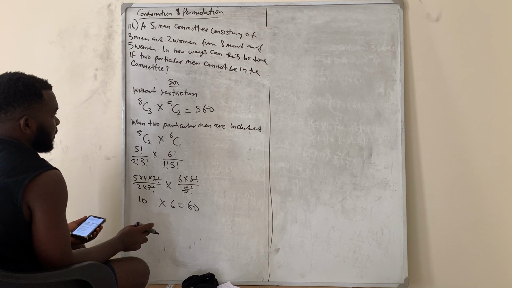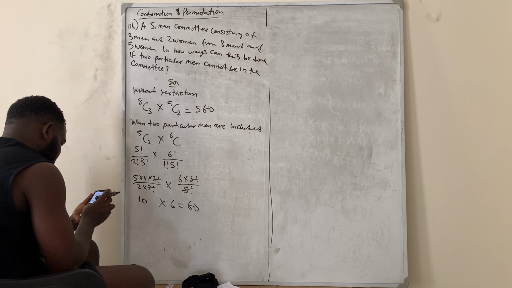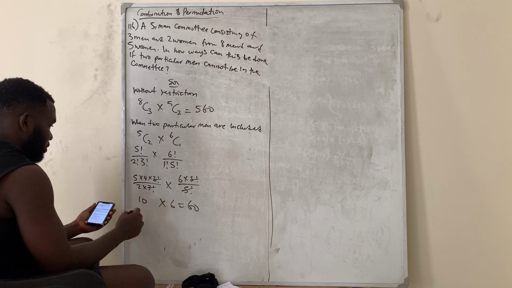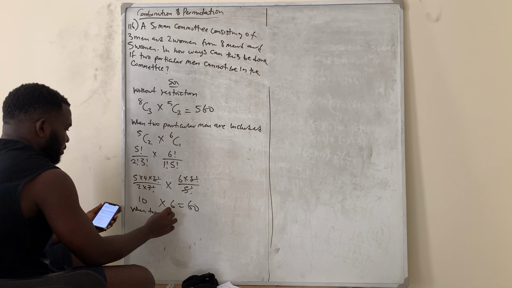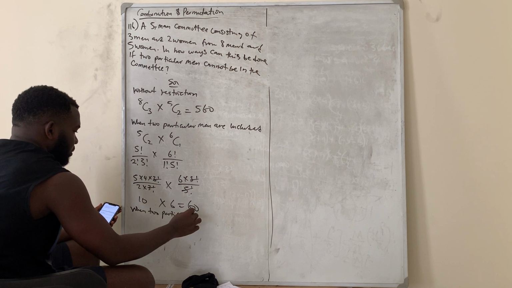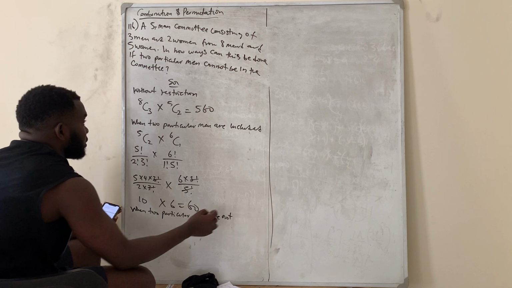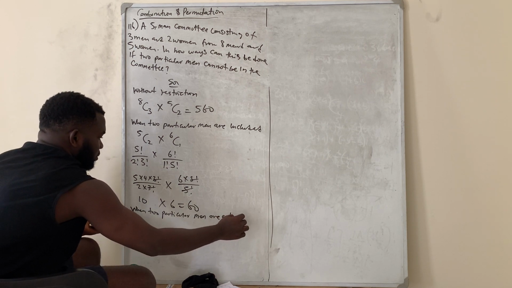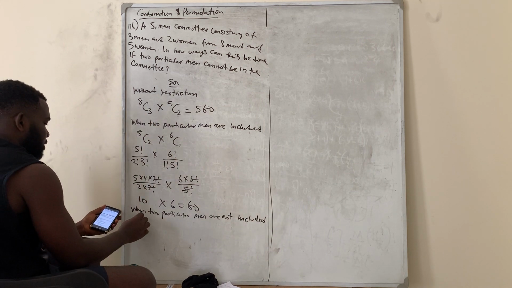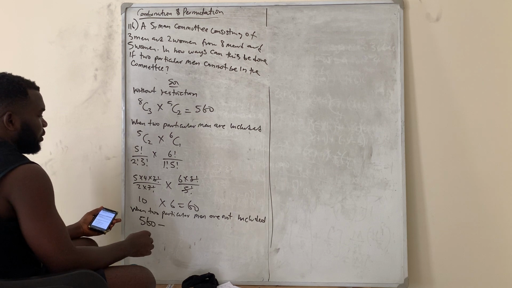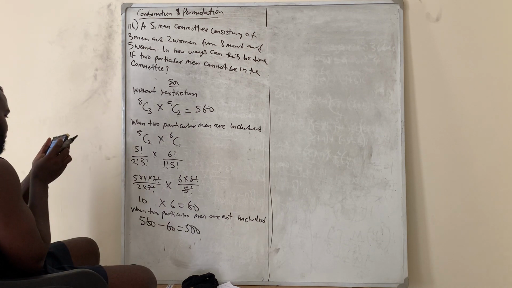I have 60 here. So the answer now, when 2 men are not involved, should be this minus this. Very, very simple. So when 2 particular men are not included, it will be without restriction, which is 560, minus the restriction 60, which is 500.